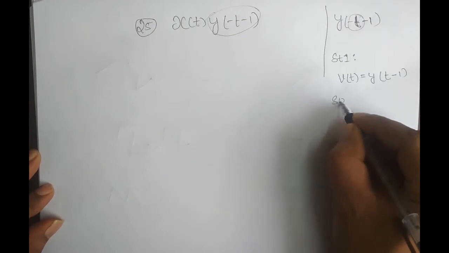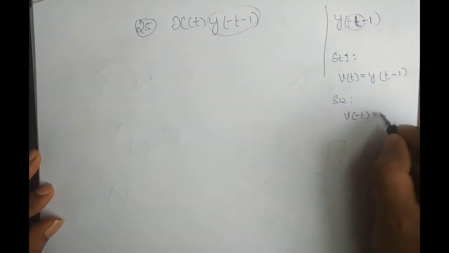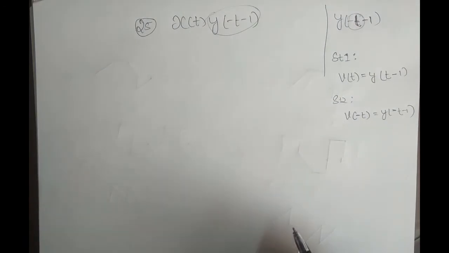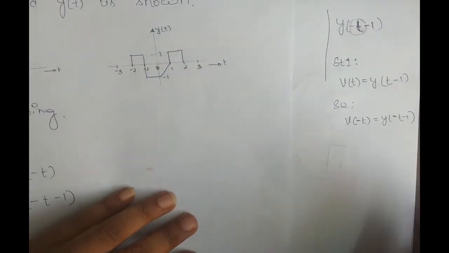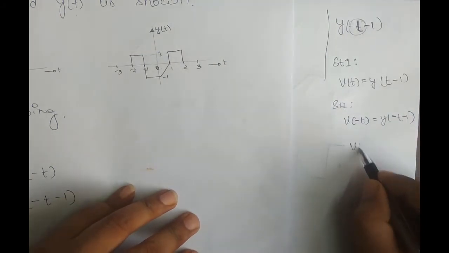What is step 2? Step 2 is you have to get v of the scaling part, right? V of minus t, which is nothing but y of minus t minus 1. Now, what is y of t? This is our y of t. So v of t, I'll sketch it first.